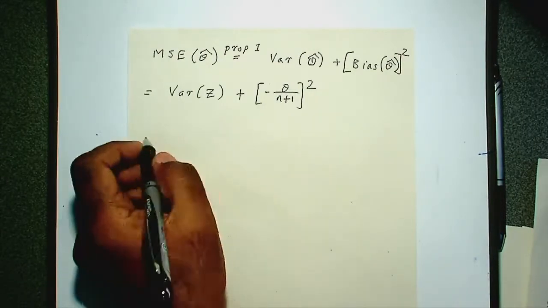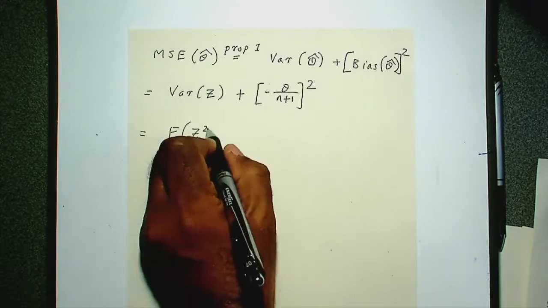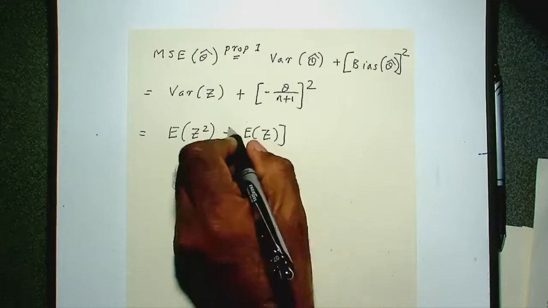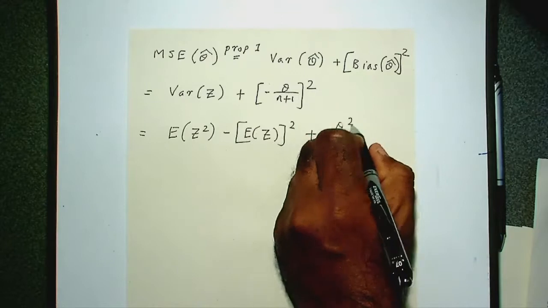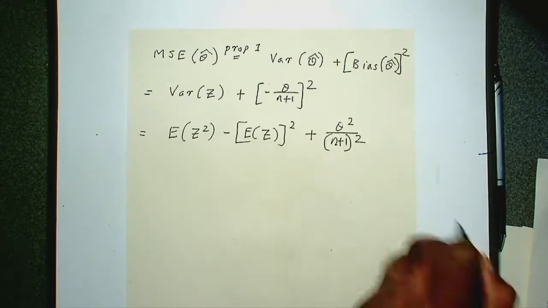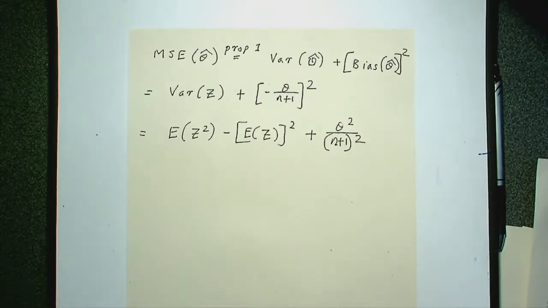The variance of Z, you can write it like this. The expectation of Z, we know what it is, because if you look at the calculations I did here, the expectation of Z is this guy here, right?